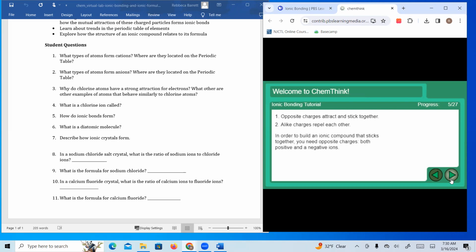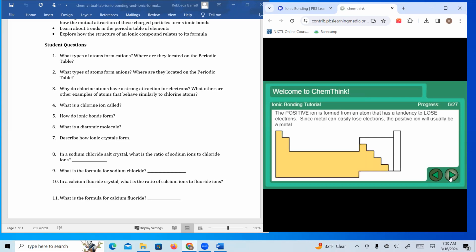In order to build an ionic compound that sticks together, you need opposite charges, both positive and negative ions. The positive ion is formed from an atom that has a tendency to lose electrons. Since metal ions can easily lose electrons, the positive ion will usually be a metal. Again, keeping in mind these questions over here that you need to answer. Atoms on the left side of the periodic table tend to form positive ions.